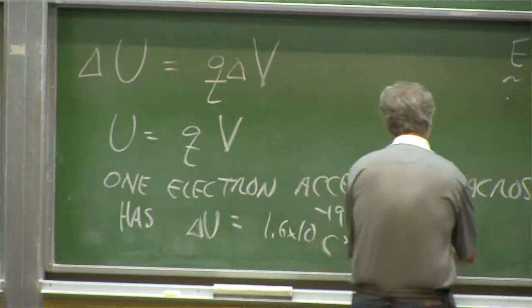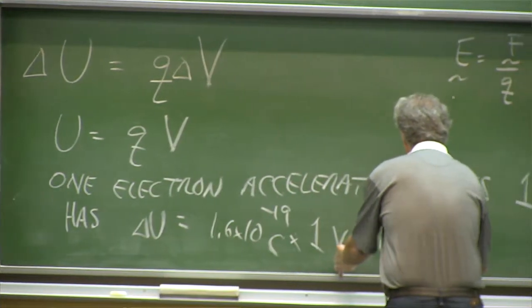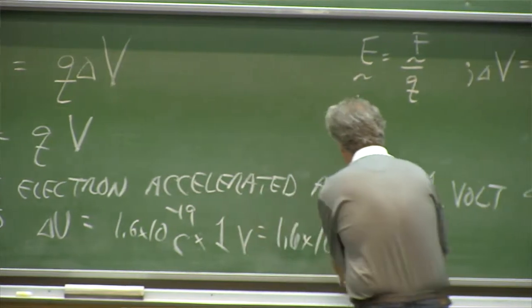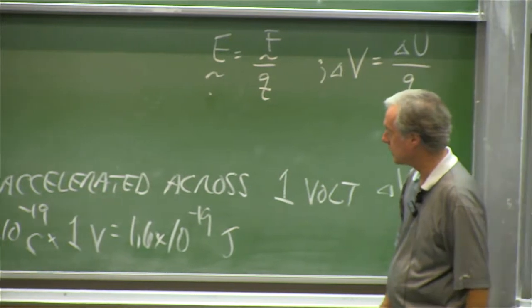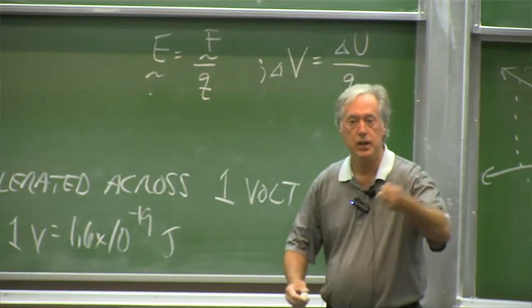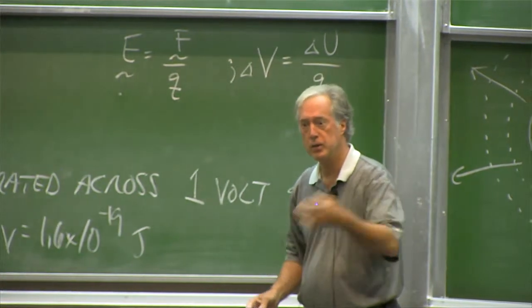So that's 1.6 times 10 to the minus 19 joules. That's e times V, Q times V.